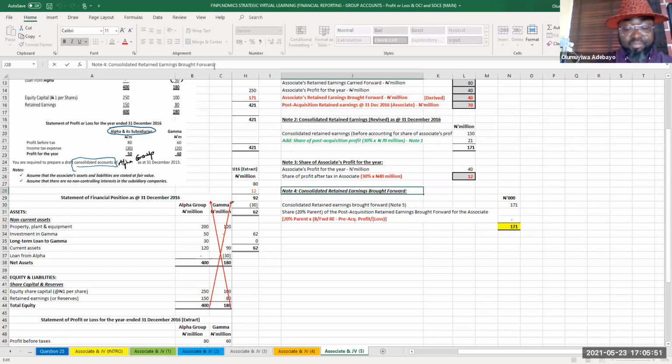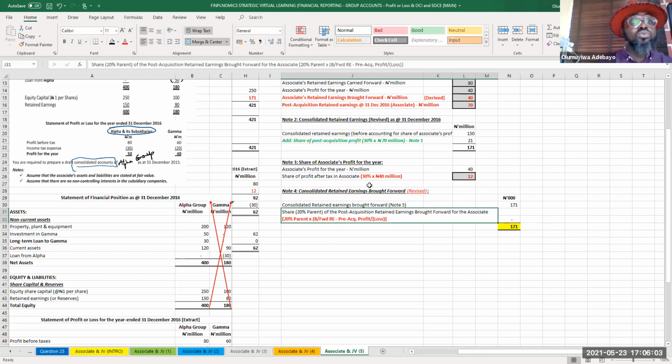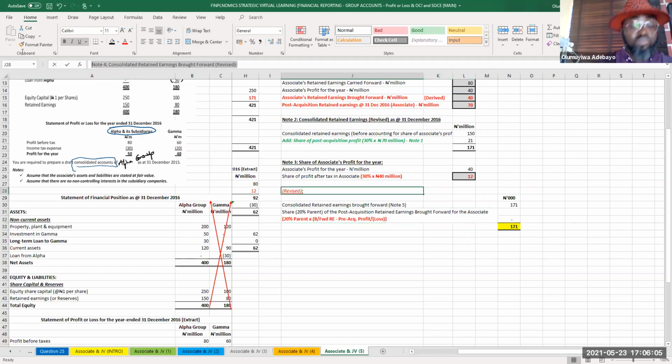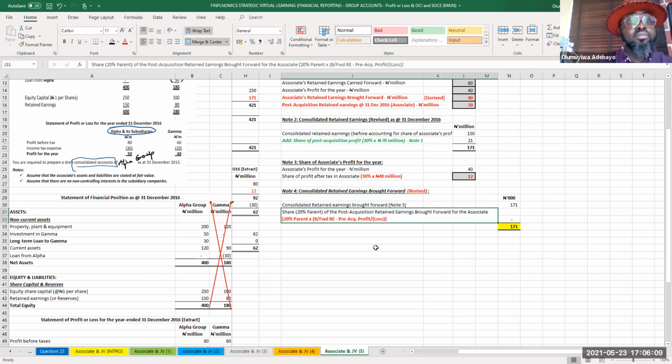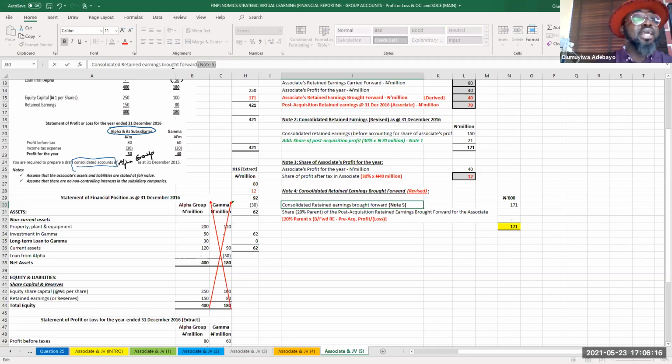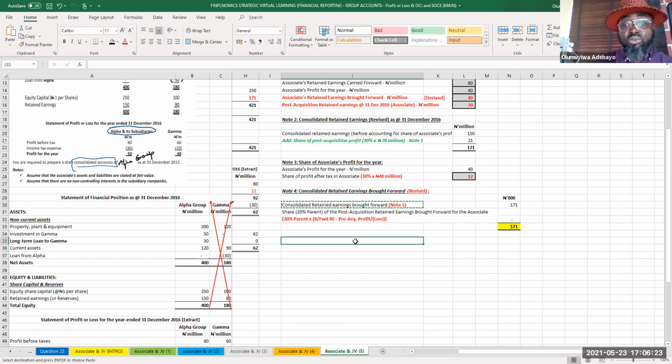This is revised. Now, note 5 is to assist me to get this amount ab initio. And you are going to see the reason why we are doing that.